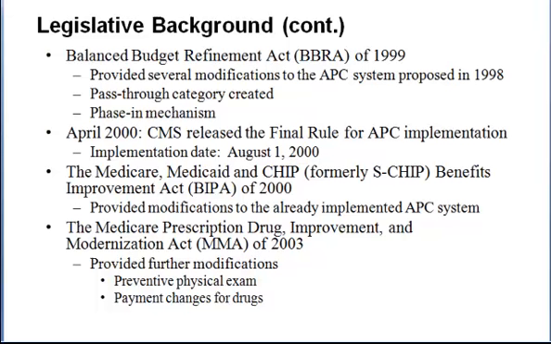Before implementation of the APC system proposed in '98, the Balanced Budget Refinement Act of 1999 did require several modifications to the system. It mandated annual reviews of groups, weights, and wage index adjustments, similar to the review that is done for the inpatient side.